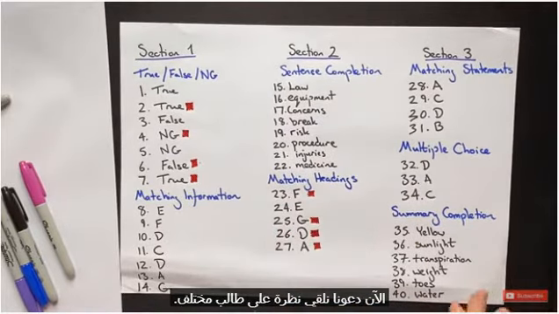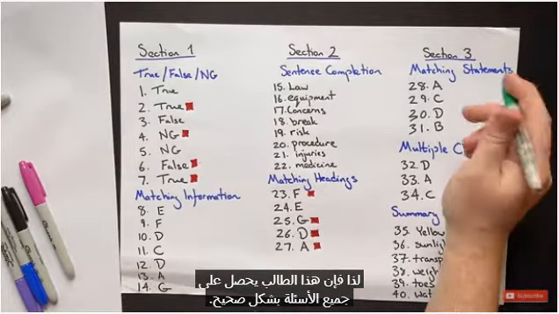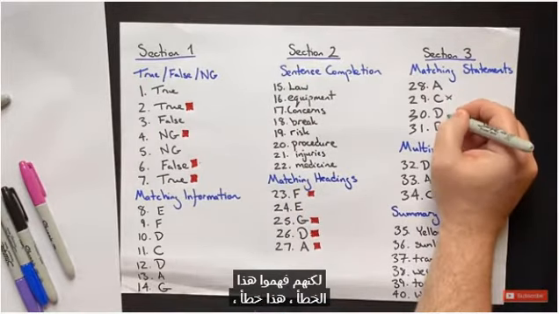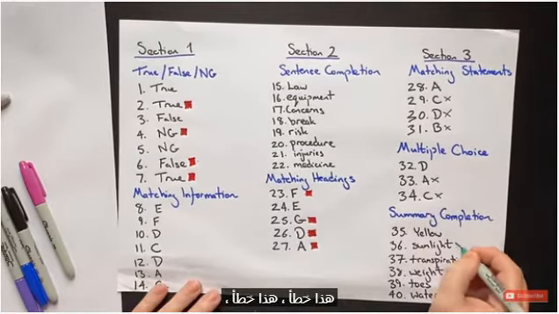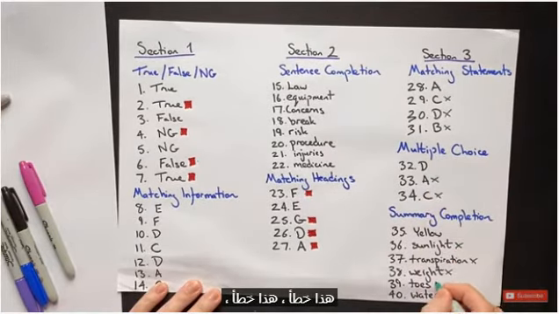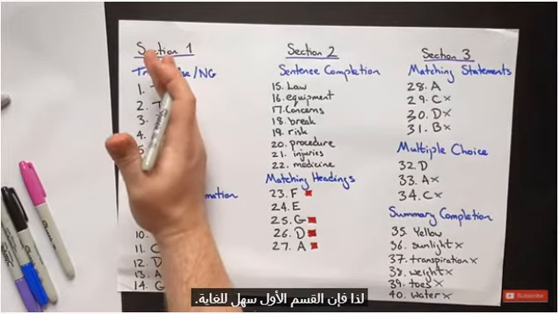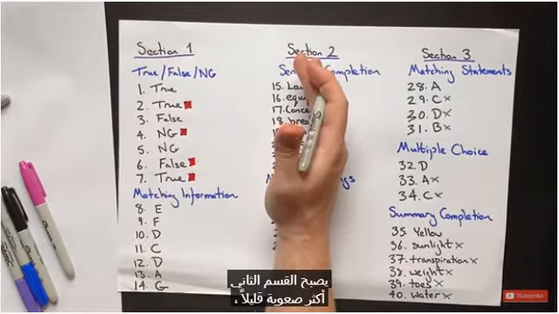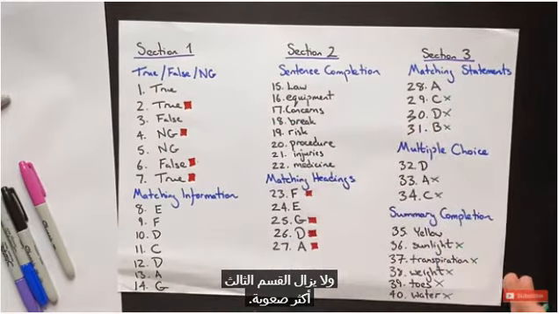Now let's look at a different student. This student gets nearly all the questions correct, but they get these ones wrong. Section 1 is quite easy. Section 2 gets a little bit more difficult, and section 3 gets even more difficult still.